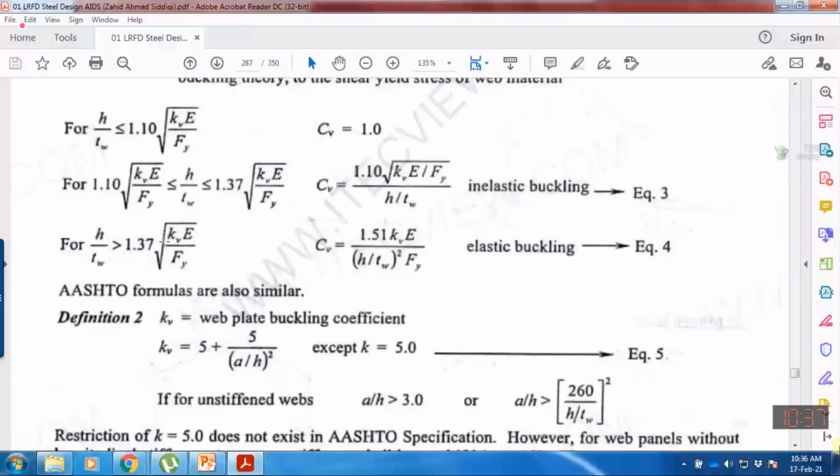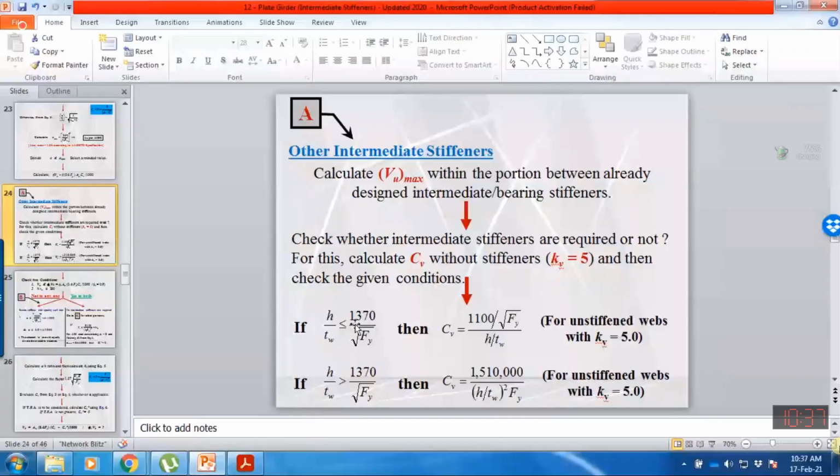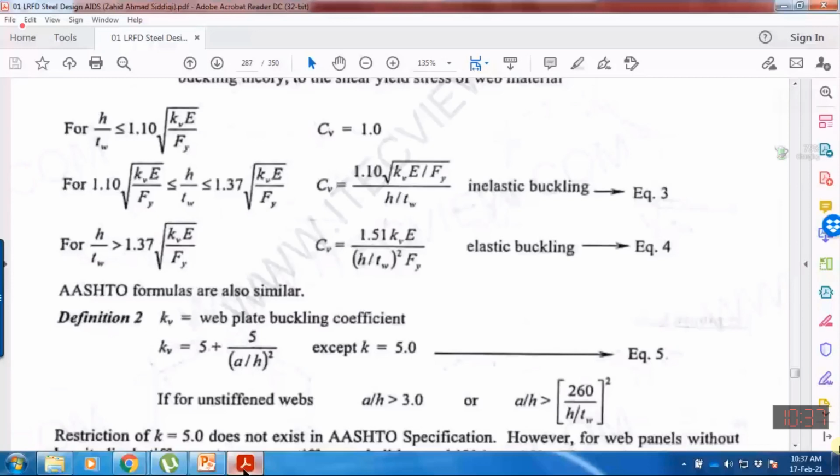So this expression is the same one, but for kv value equal to 5. So if height of the web over thickness of the web ratio is less than this parameter, then you need to determine the Cv value from this expression. This expression is also simplified for kv value equal to 5 and E value 200,000 megapascal, by substituting the E value, which will yield this answer.